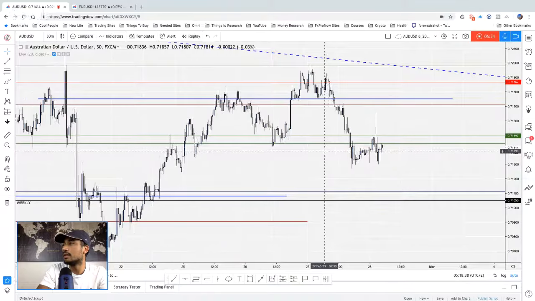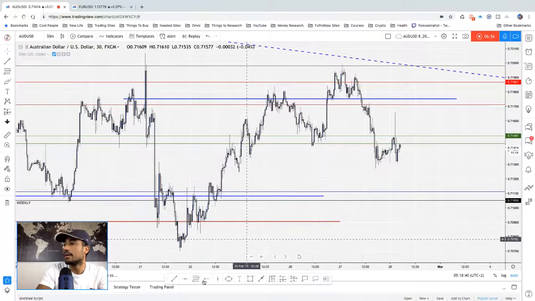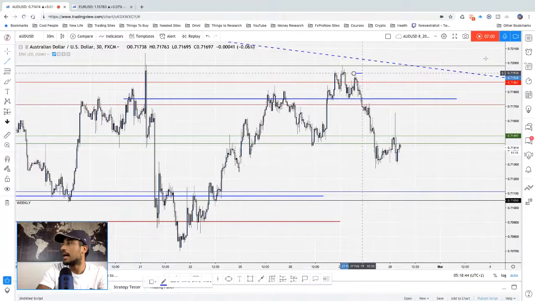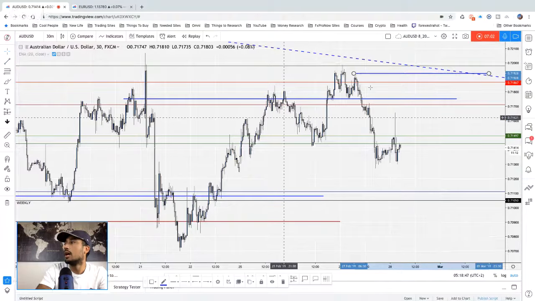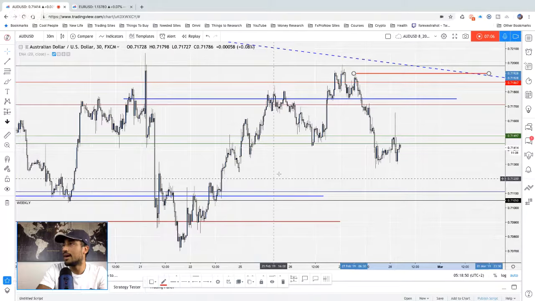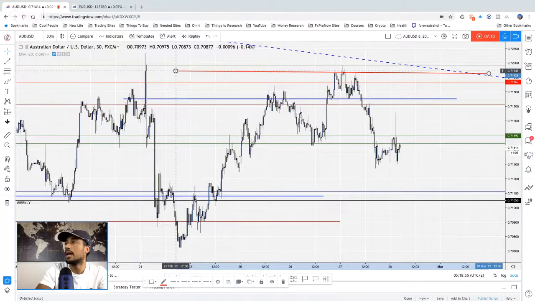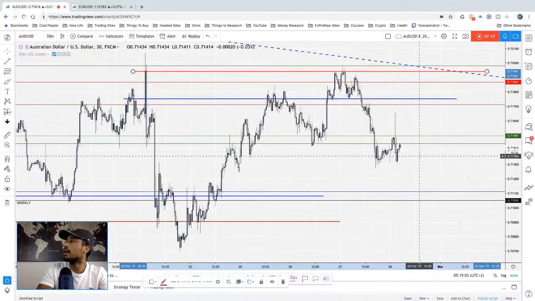Let's see here. This is what I want. I'll have a line here saying if price breaks through, and oh, this is beautiful right here actually. If price goes ahead and breaks through this level of resistance, I'll close out my sell.